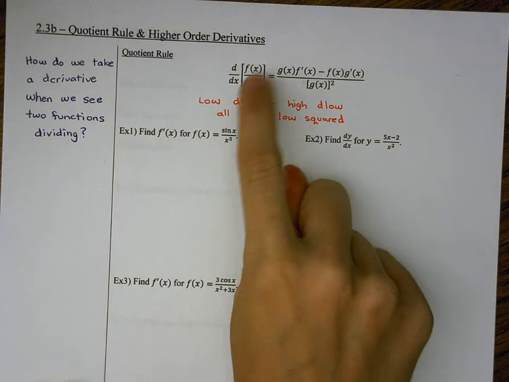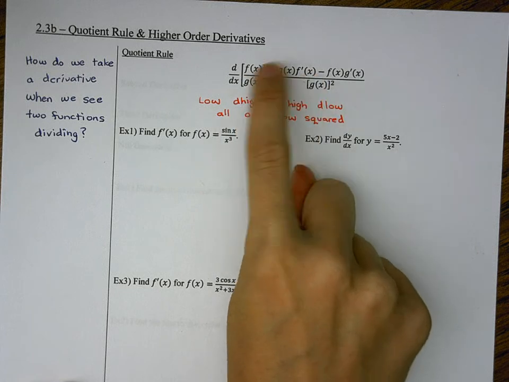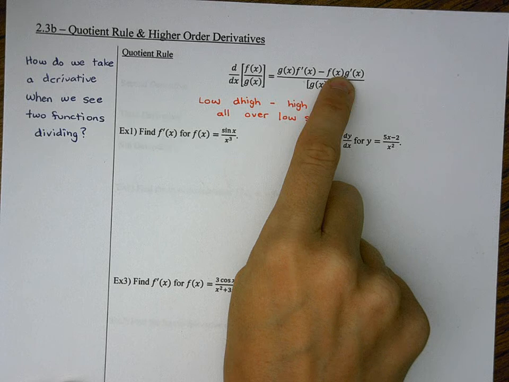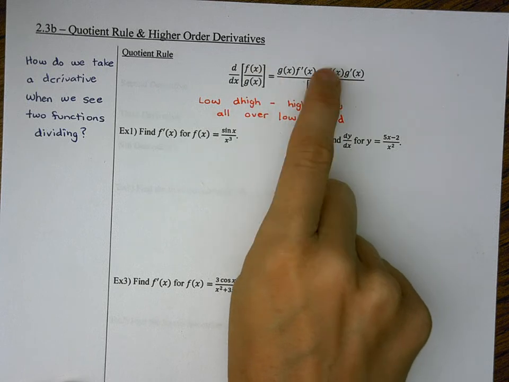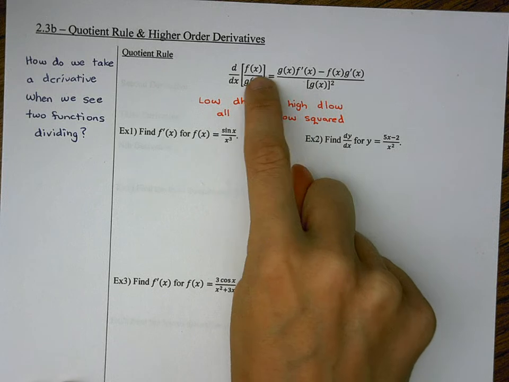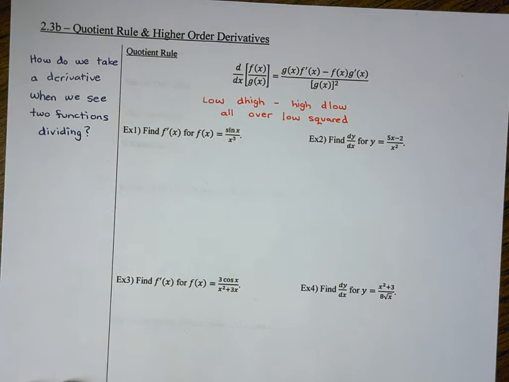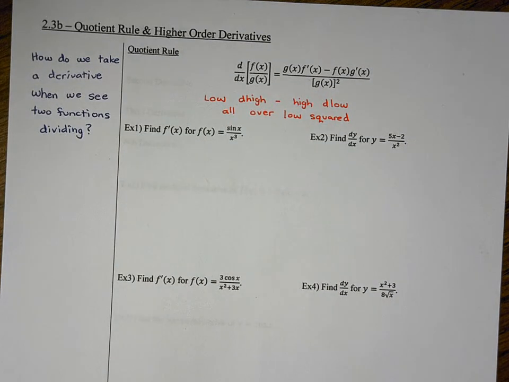Low, just as it is, d high, derivative of the high, minus high, just as it is, d low, derivative of the low, all over low squared. And I always have a little clap at the end, just to finish out the rhythm, right? Low d high minus high d low, all over low squared.